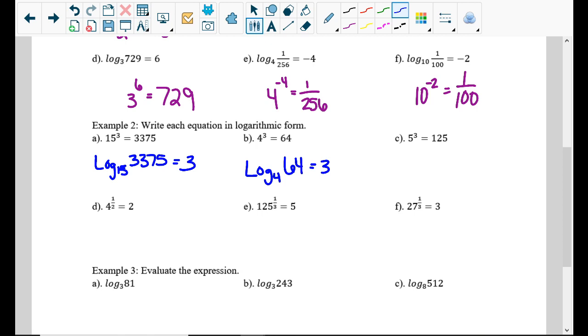Again, we're just rewriting it, changing the way it looks. So log base 5 of 125 equals 3. Log base 4 of 2 equals 1/2.